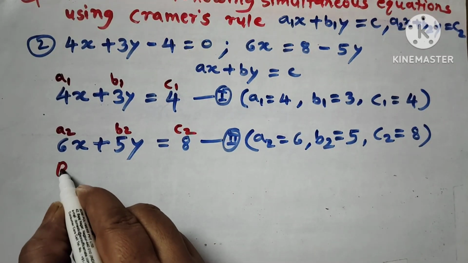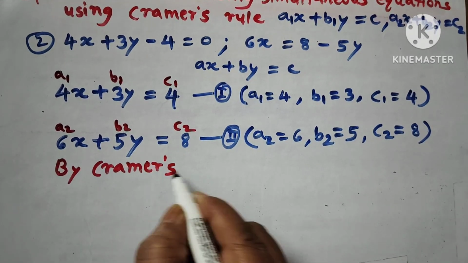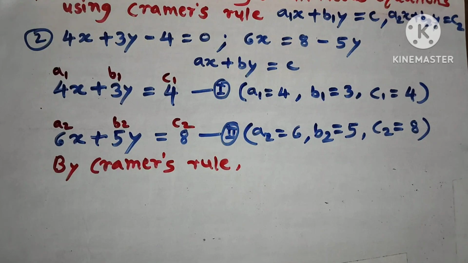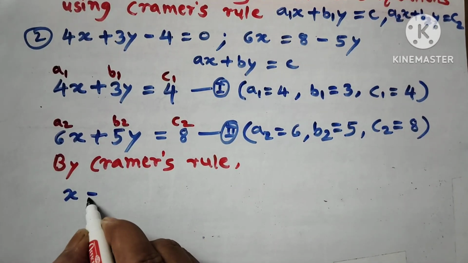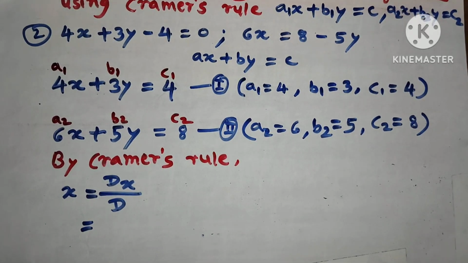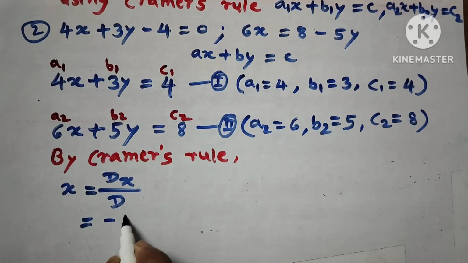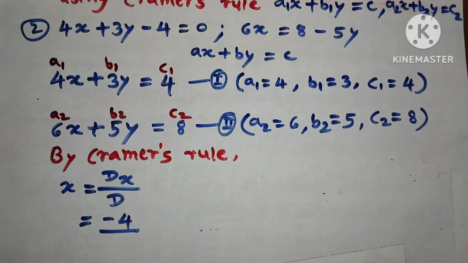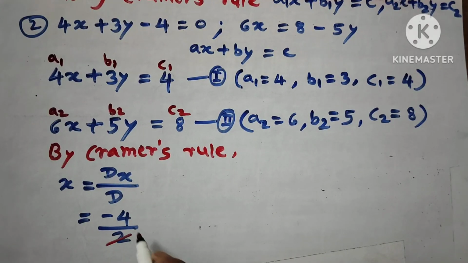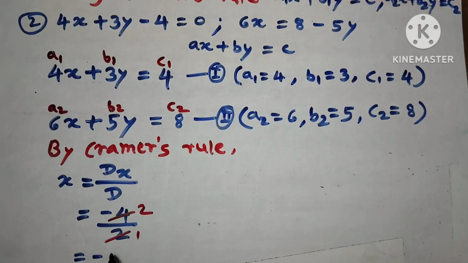By Cramer's rule, x is equal to Dx upon D, is equal to value of Dx minus 4 upon value of D 2. 2 ones are 2, 2 twos are 4, is equal to minus 2.